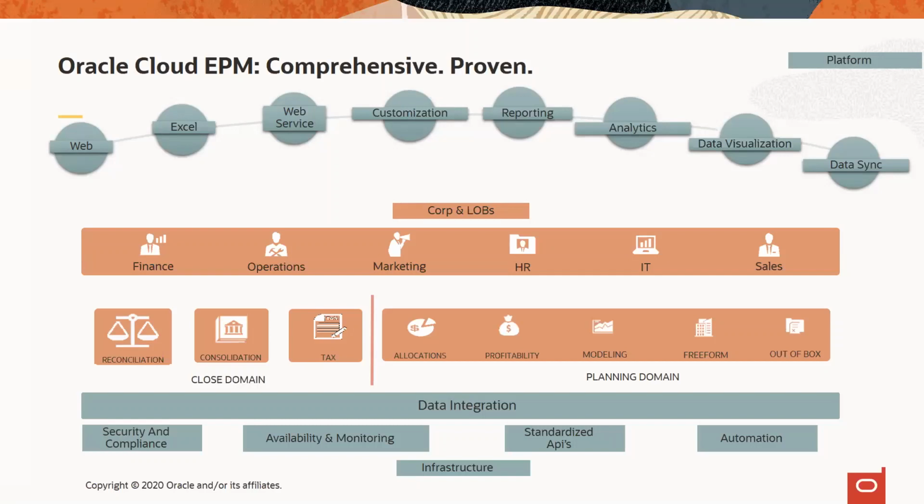Essentially, the applications reside within it, whether they be close or planning domain, profitability, all of that leverages what we do around the core, which is all these pieces which I've identified, whether it's user interaction through the web or Smart View, through web services, through REST APIs, or through customizations, which you end up doing through the Groovy layer, the reporting piece, the analysis piece.